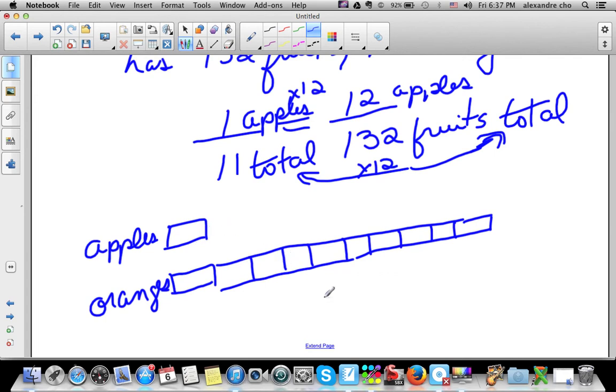Now, we know there's 132 total fruits. So how do we put all these fruits in each square evenly?